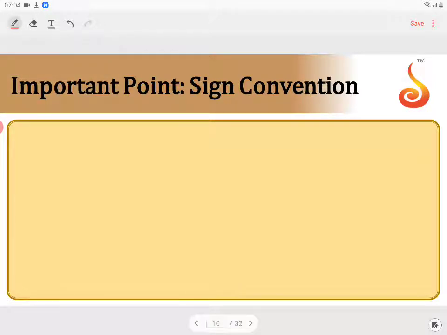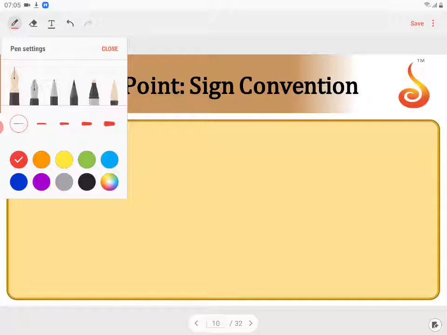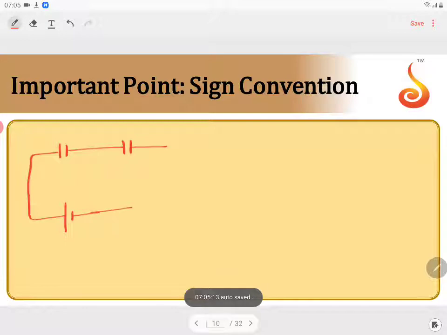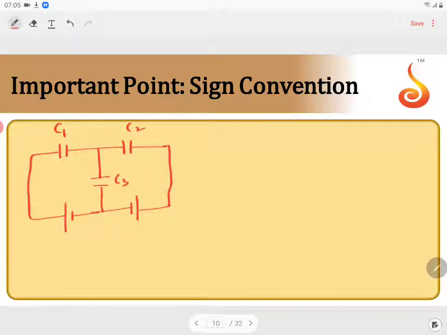Now I'll take one circuit, the same circuit which I have taken for KCL. We apply KVL in the first loop and second loop. So this is C1, this is C2, this is C3, this is E1, this is E2 already.